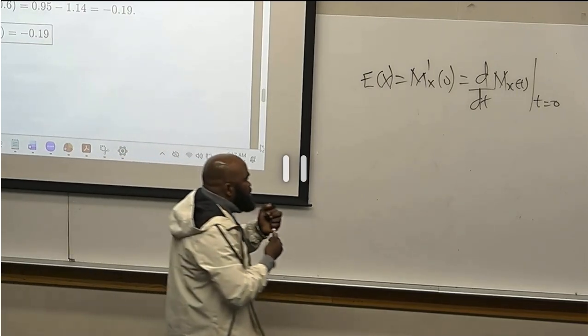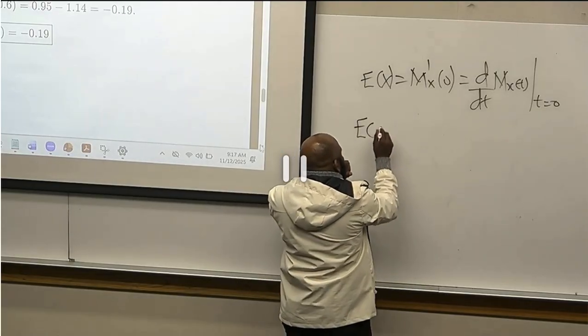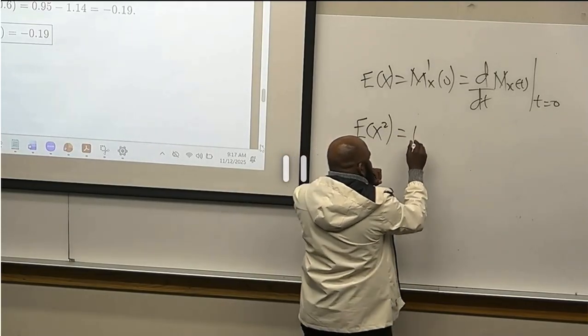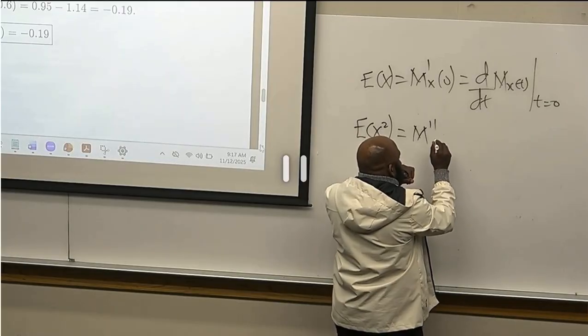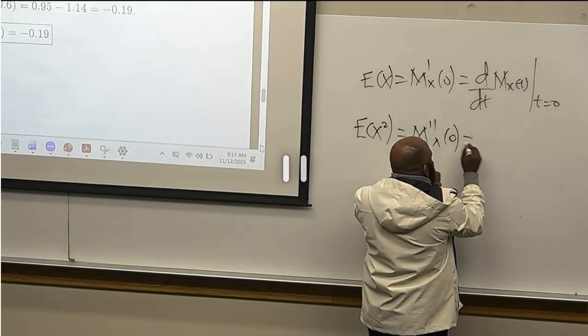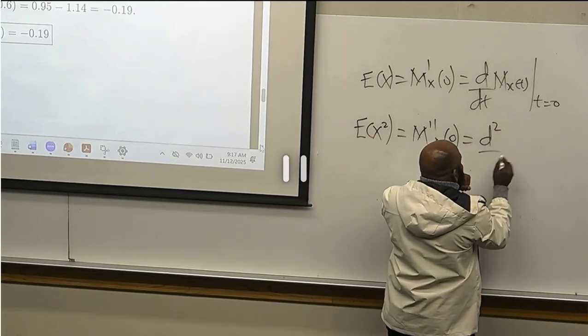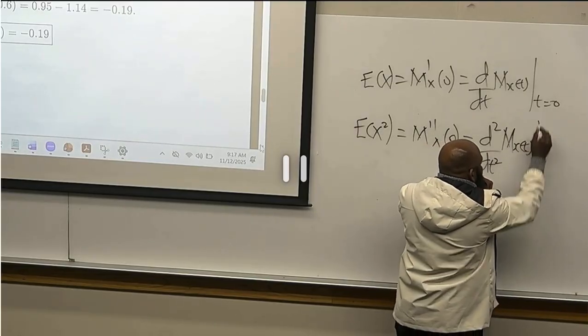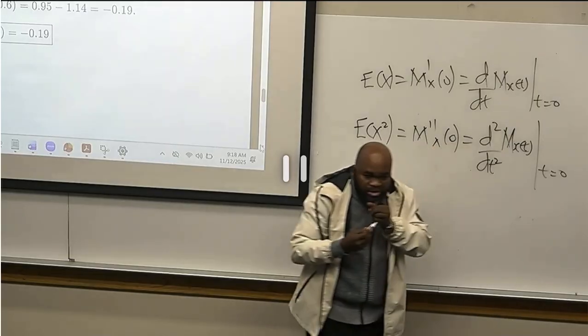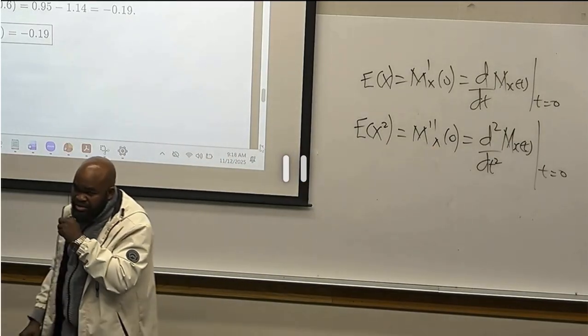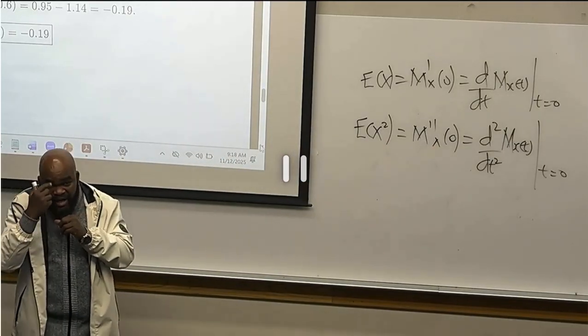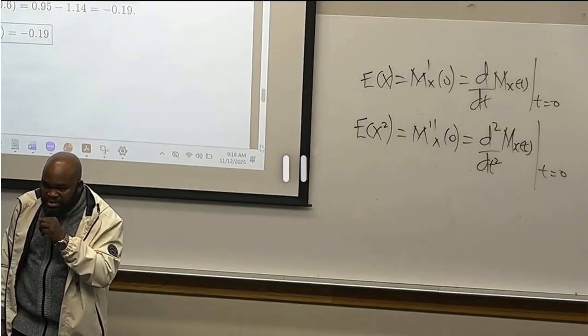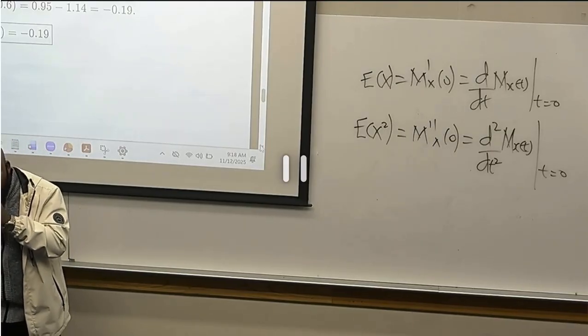If you want to find the variance, you first need this: M double prime of 0, the second derivative d squared/dt squared of M_X(t), where t equals 0. When you differentiate a first time, a second time, and you plug in t equal to 0, you have the expected value of X squared.